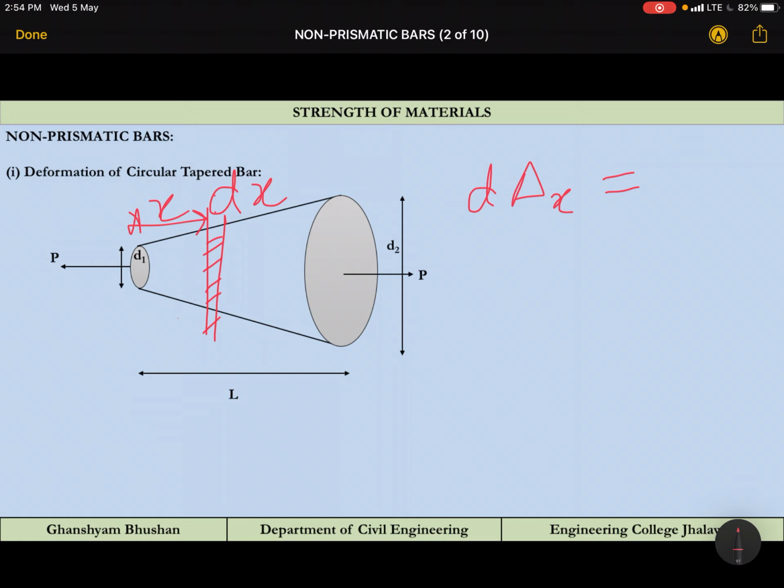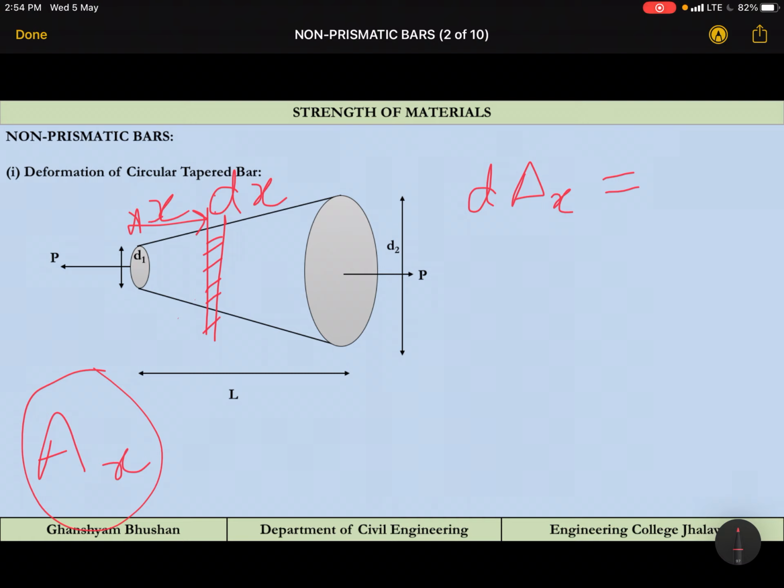For this small strip the cross section area will be the same because it is very small. So let us put Ax as the cross sectional area at a distance of x from the left hand side.